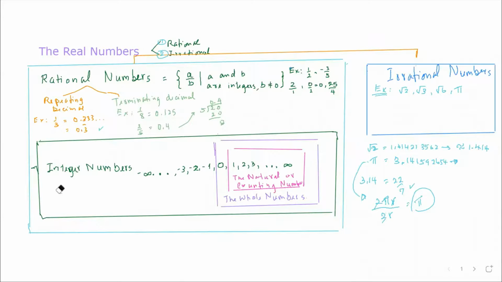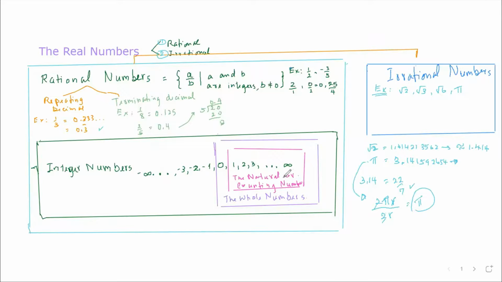Integer numbers have three kinds: 0, positive integers, and negative integers. Positive integers we call natural numbers or counting numbers, the same meaning.